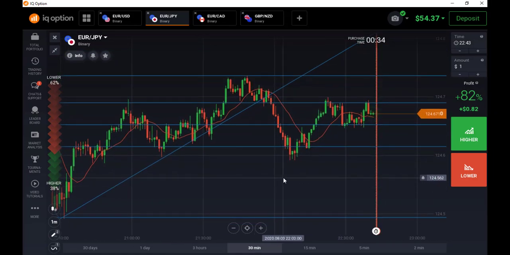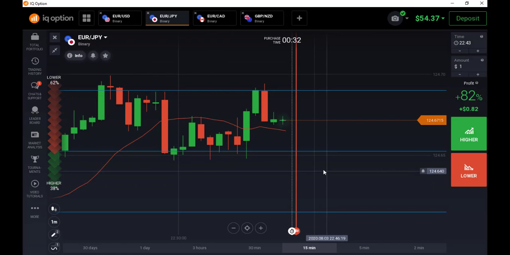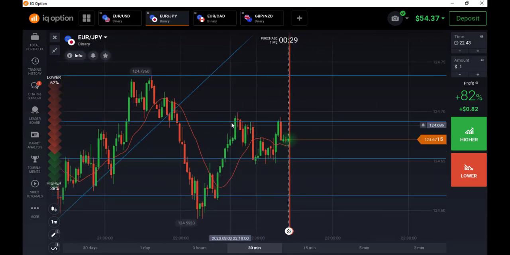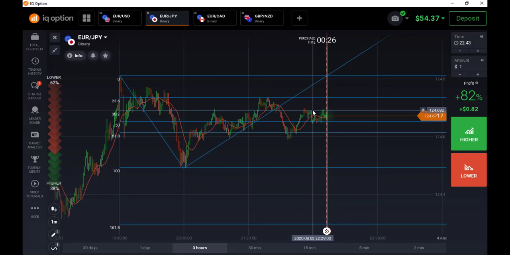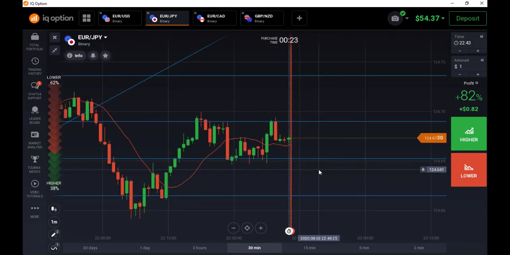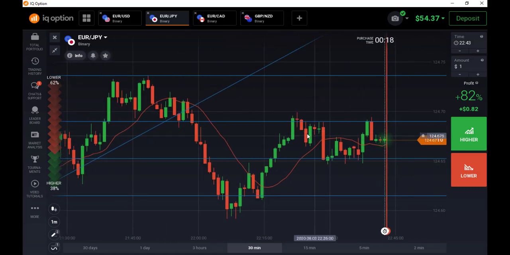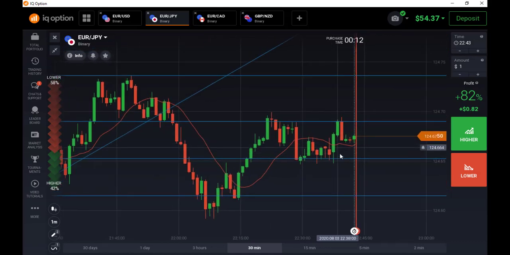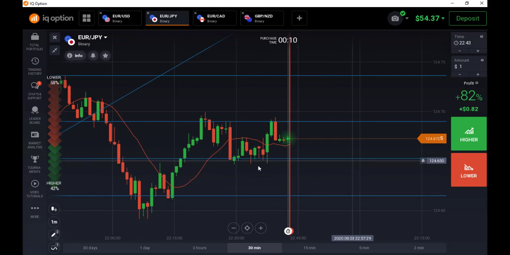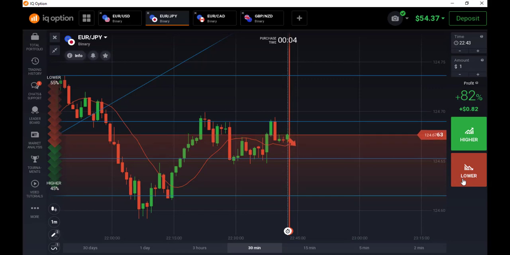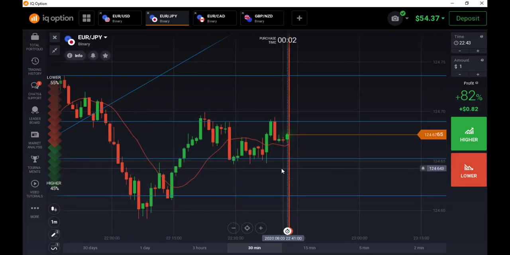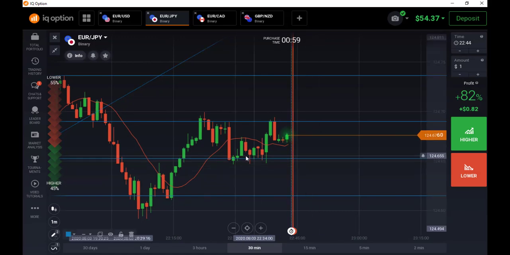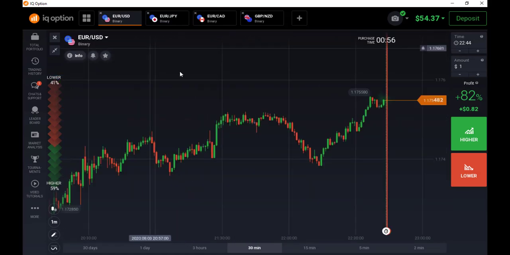And in this situation, I can see this line, Fibonacci line 38.2, is acting as a resistance, so that's why in this point as well as this point, it is just like a resistance. So we will wait for that movement and we will put in that situation. But still it's too late, and we'll go for another, Euro USD.